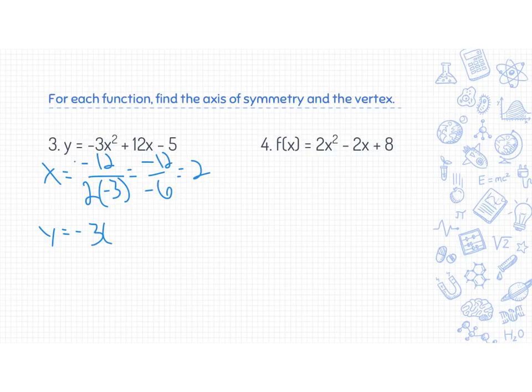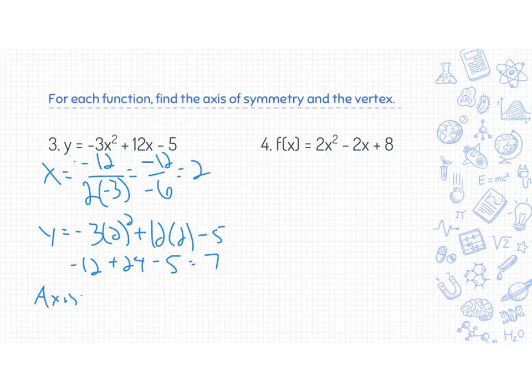So we get negative 3 times 2 squared plus 12 times 2 minus 5. 2 squared is 4, times negative 3 is negative 12. 12 times 2 is 24, minus 5. Negative 12 plus 24 is 12, minus 5 is 7. So we would say that our axis of symmetry is x equals 2, and our vertex is (2, 7).